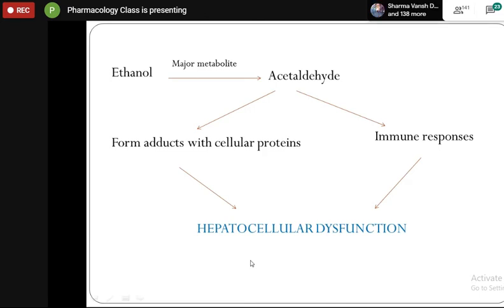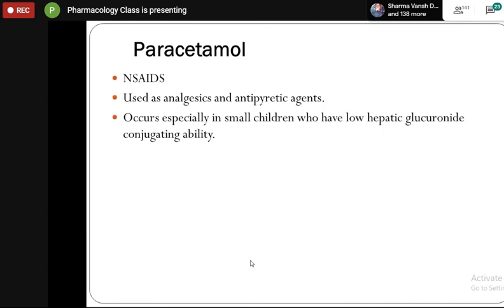Yes, ma'am. Okay, so next is a drug known as paracetamol. MBBS students have already gone through this in NSAIDs, but the BDS students haven't studied it yet, so you'll be doing this in your fourth semester.